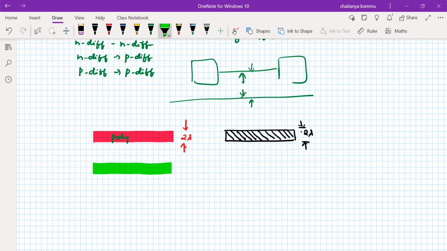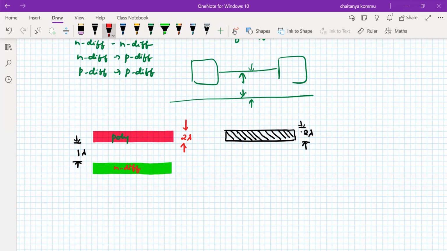In that sense, we have to maintain the spacing between these two. Minimum 1 lambda we have to maintain for diffusion, and it may be N diffusion or P diffusion, doesn't matter. The polysilicon width should be minimum 2 lambda. The spacing between polysilicon and N diffusion should be 1 lambda.